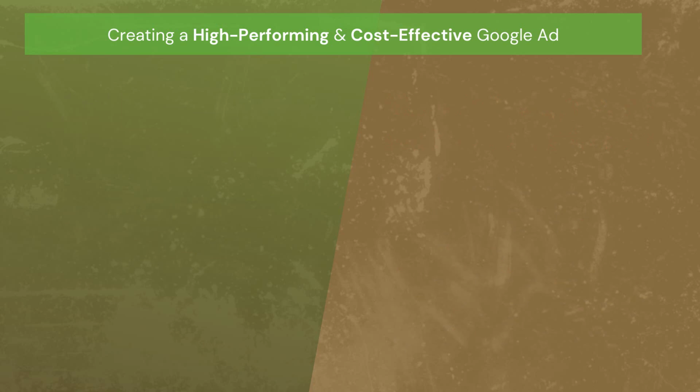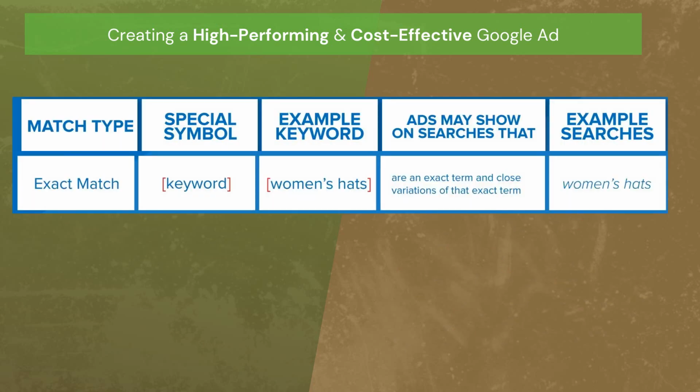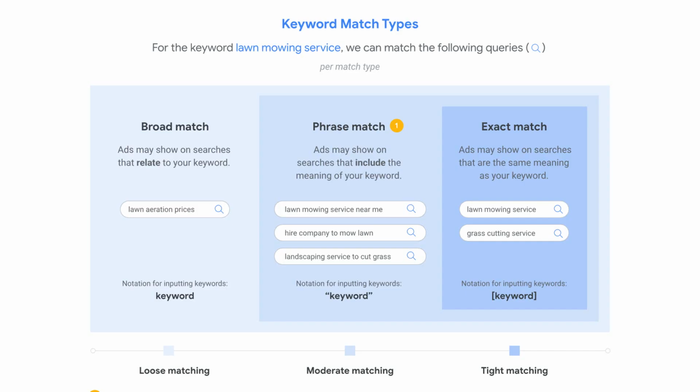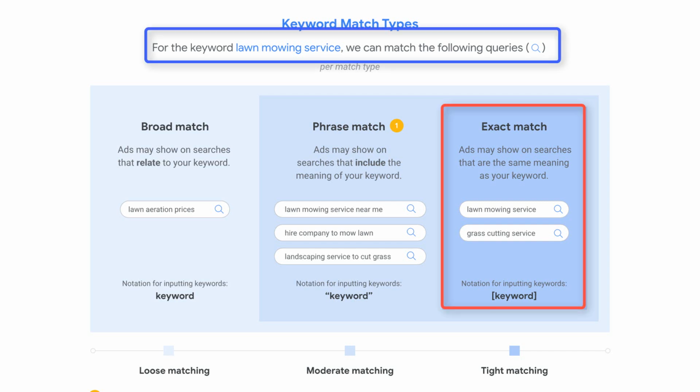So the final option is exact match. With exact match, your ad will show on searches if you've used an exact term or a very close variation of that term with no added words before or after. So in the example that Google gives us, if your exact match keyword was lawn mowing service, if somebody does a search for lawn mowing service, your ad will be triggered.